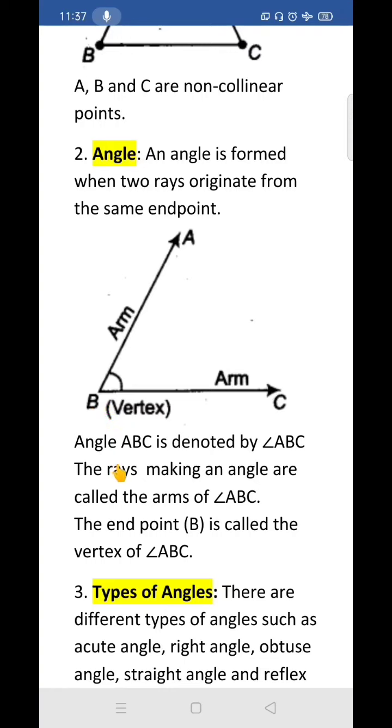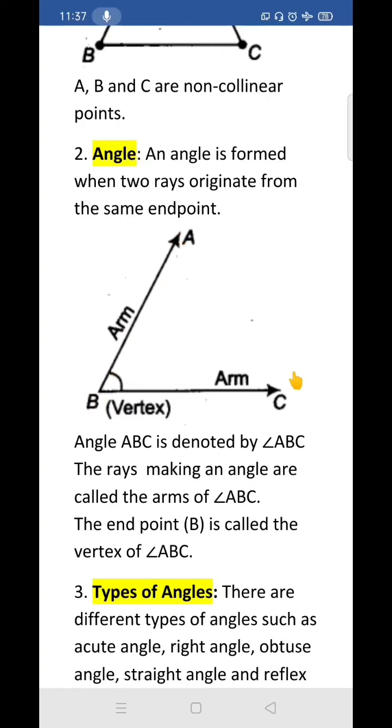Now here you can see angle ABC. Angle ABC is denoted like this, and the rays making an angle are called the arms of angle ABC. Which rays here? AB and BC.